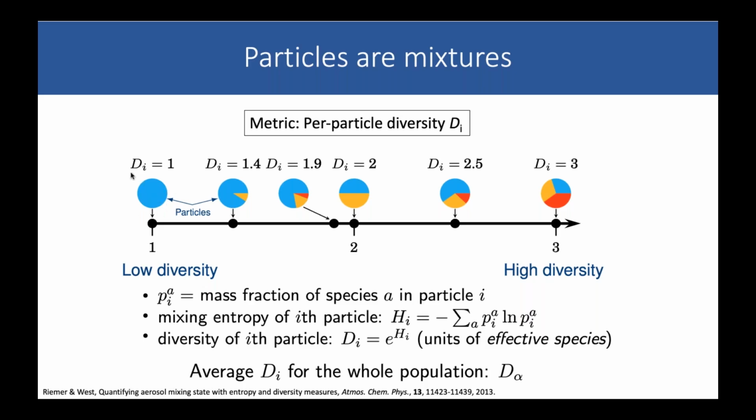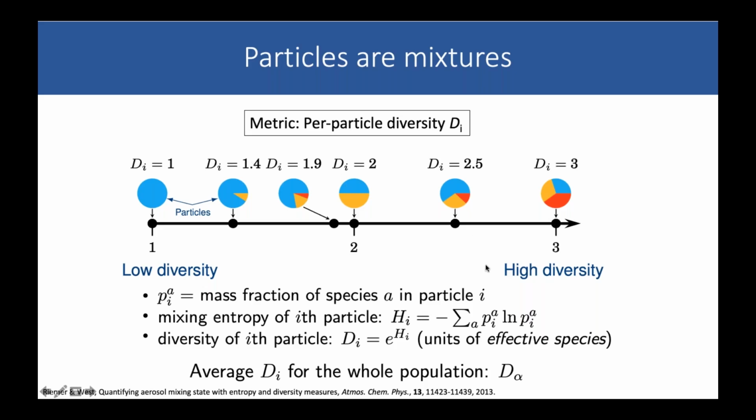As we add more species, meaning we are making the particle more and more complex, this diversity index increases. It goes from 1 to 2 if the two species are present in equal amounts, and to 3 if we have three different species, again in equal amounts, and so on. So this can go to even larger numbers. That's a way to characterize how complex each individual particle is, how many species are involved in making up one individual particle.